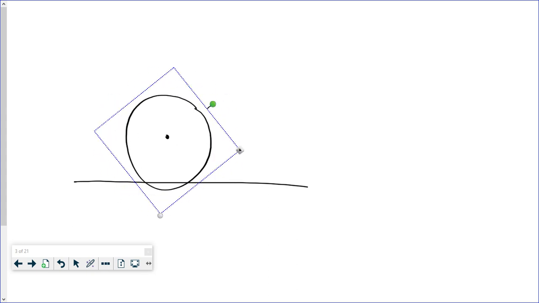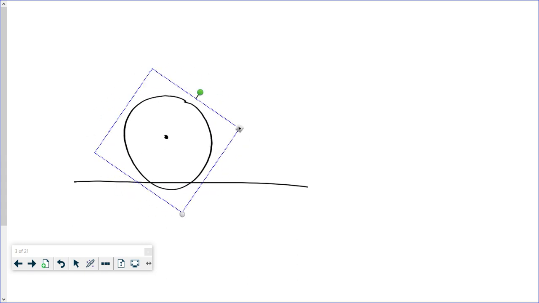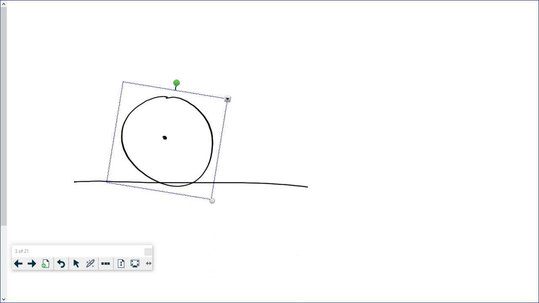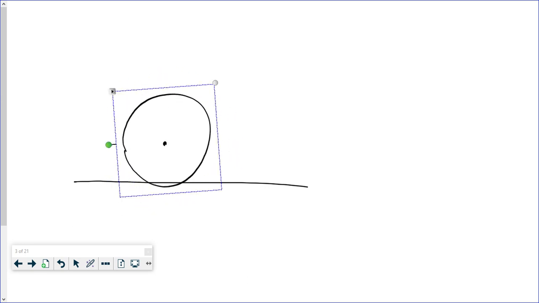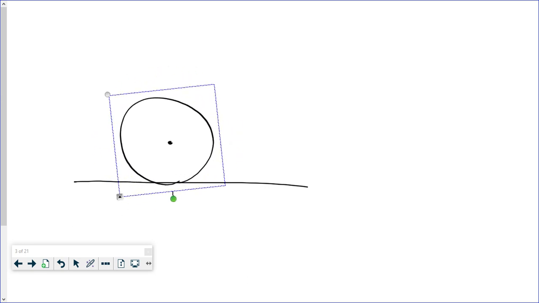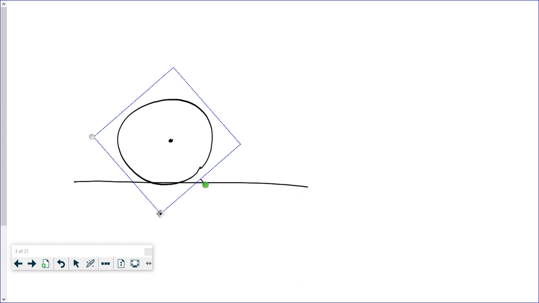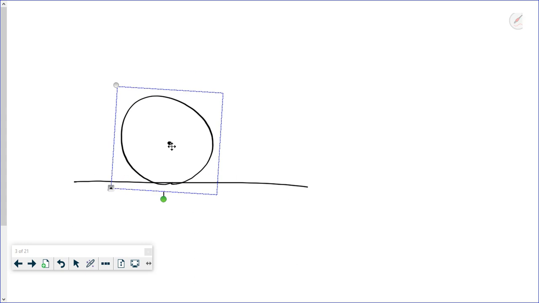So notice, if you just think about the rotation, the center of the tire doesn't move. The top point on the tire is moving forward, and the bottom point on the tire is moving backwards, right? So you get this motion where there's no motion here, there's forwards motion here, and there's backwards motion here.